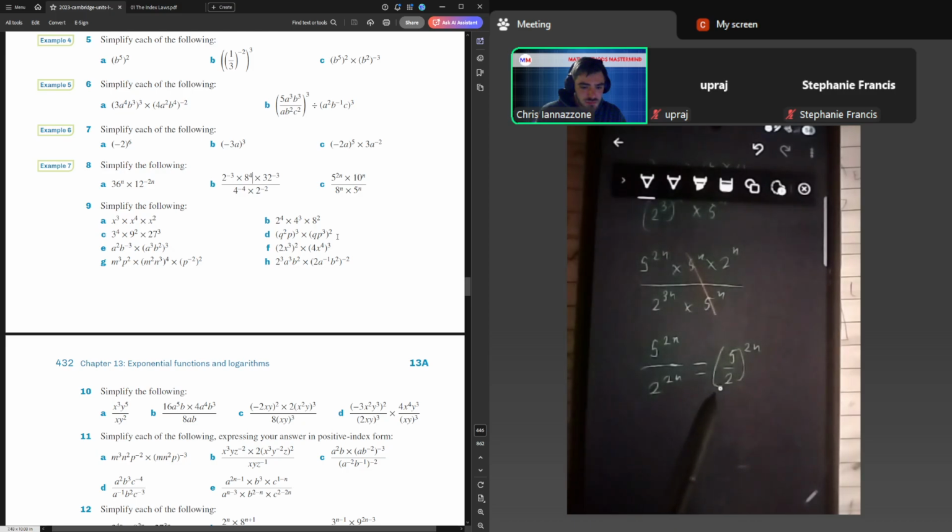I think this probably demonstrates more understanding of the index laws, and I think that's kind of what you want when you're doing your answers. You want to demonstrate the most understanding as you possibly can, depending on how high you're shooting for marks, obviously.